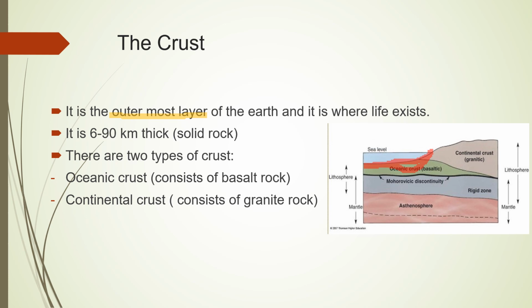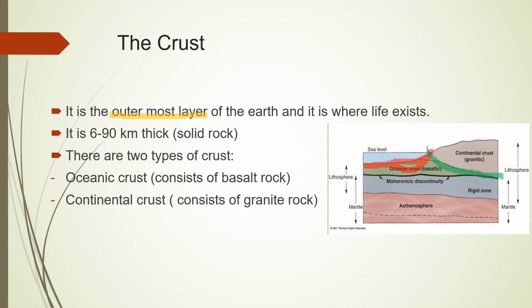And then with a different color, I'm going to highlight the portion of the continental crust. This one consists of granite rock. As you continue with this topic of geomorphology in T2, you will be learning about rocks, the rock types, rock structure, and the names of the rocks.